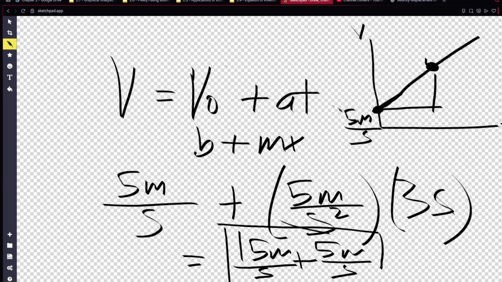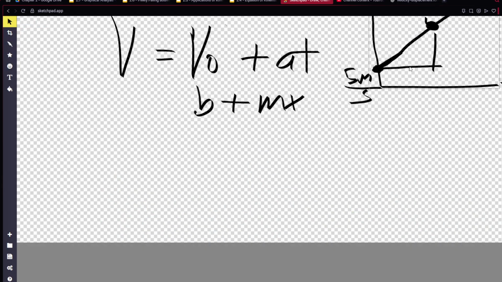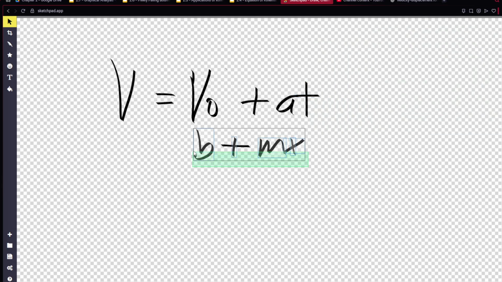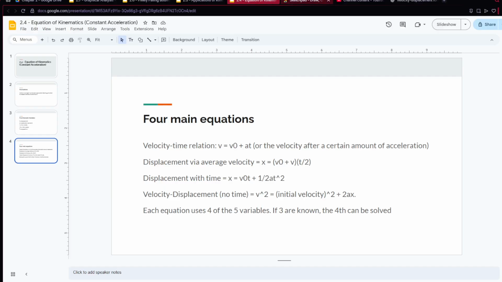This tells us how much we're changing per unit of time, and then if we multiply it by time, we get the initial velocity plus how fast we are moving per second times seconds, and that's just simple math, and that will give you the final velocity. Notice that I'm really trying to explain this here. It really makes sense for me and it clicks in my head, but I know for some people it might not be that easy, so it's a little bit difficult to explain as well. I kind of suck at that.